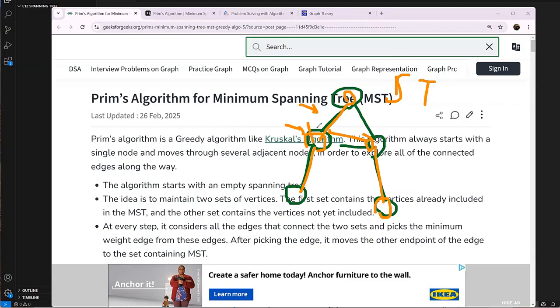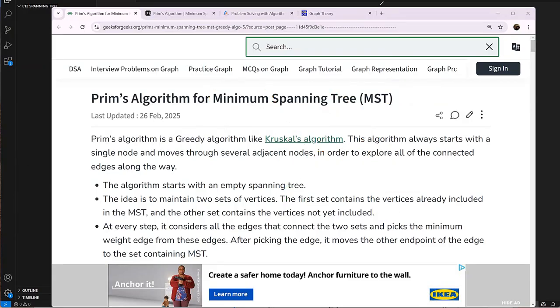Spanning means that from this point, you can reach every other node using the tree. Now, the spanning tree that has the minimum weight on it, we call the minimum spanning tree. That's the definition of a minimum spanning tree. So first, a spanning tree is the tree that connects all of the components, and the tree that has the minimum weight on it, we call the minimum spanning tree.